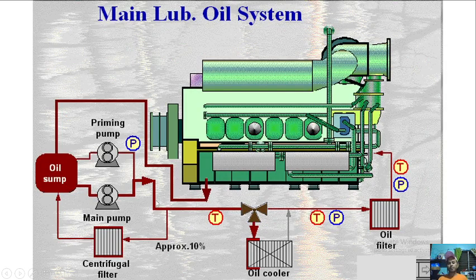As the engine is running, the temperature of the oil goes up. To prevent its viscosity from decreasing, some of the oil, or maybe all of the oil, depending on the temperature, will go to the oil cooler before entering back into the engine.